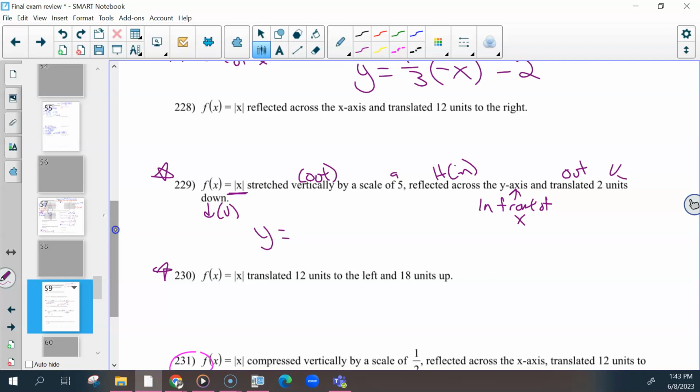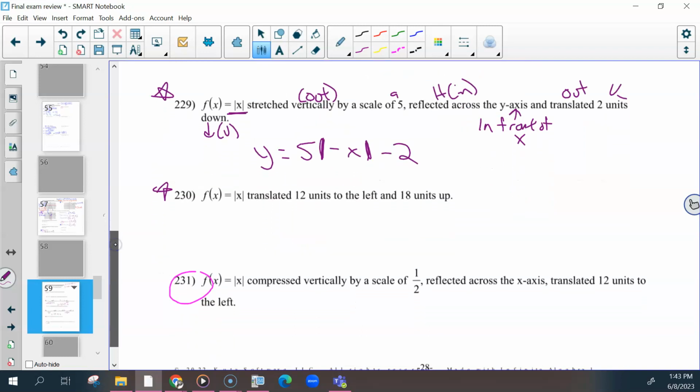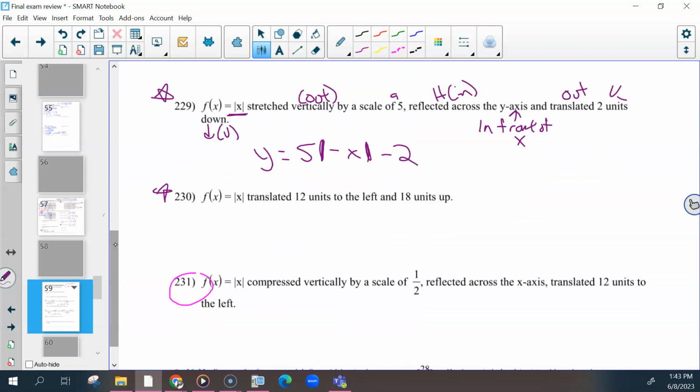So y equals or f of x equals your a value, 5. Now we're using the second equation because it's absolute value. You don't have an actual h, but you need to make a negative in front. And then your k value is down 2, so negative. Questions on that one?